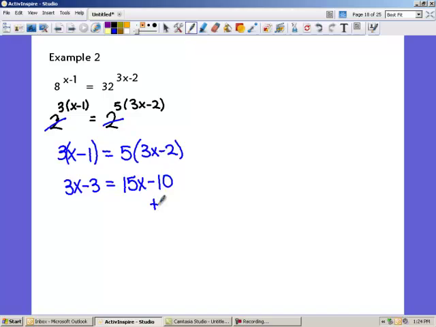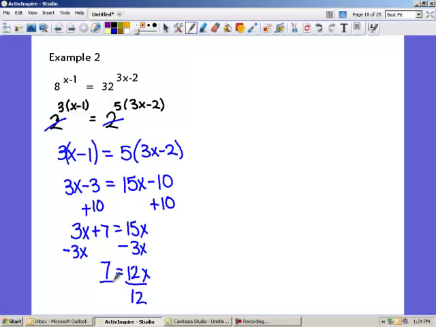So add 10, and subtract the 3x, and then divide by 12. In this case, we're going to have x equaling a fraction.